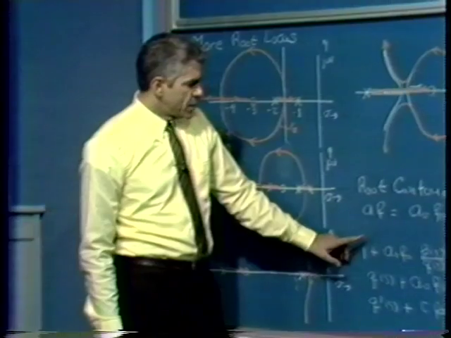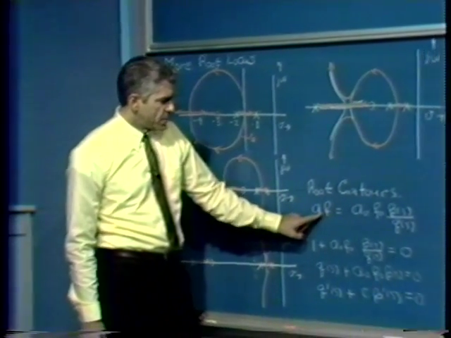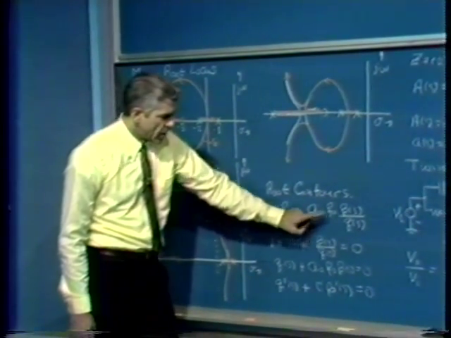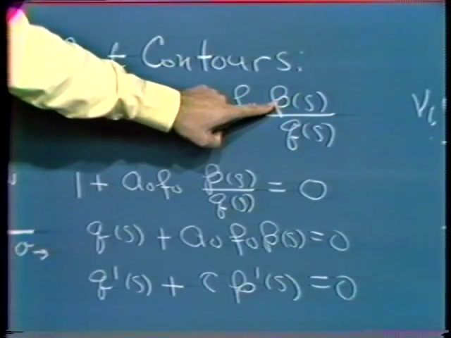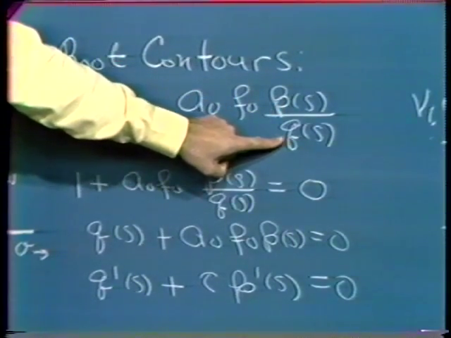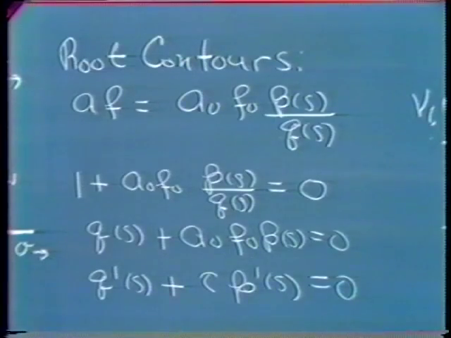When we do a root locus analysis, we're starting out with a loop transmission, which is A0, F0, times a ratio of polynomials. In particular, this polynomial P of S in factored form indicates the zeros of the loop transmission, whereas Q of S in factored form indicates the poles of the loop transmission.